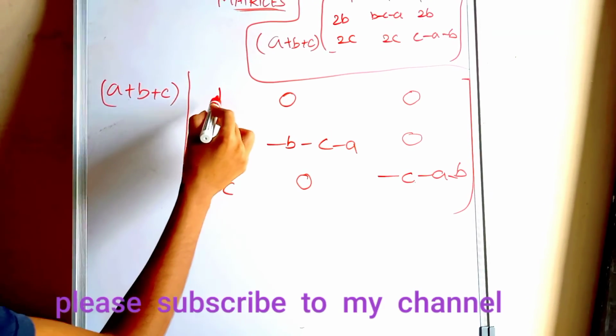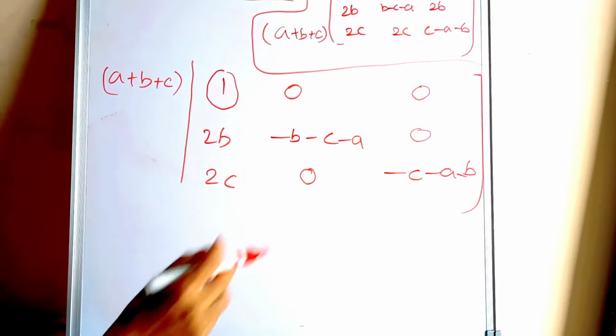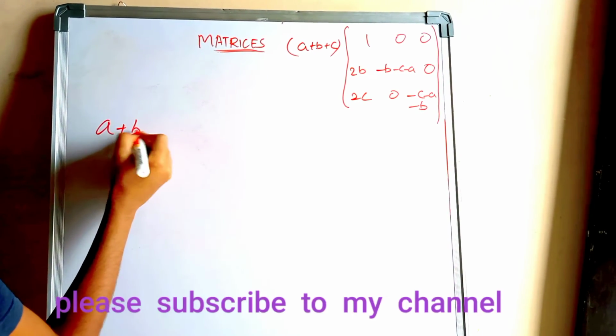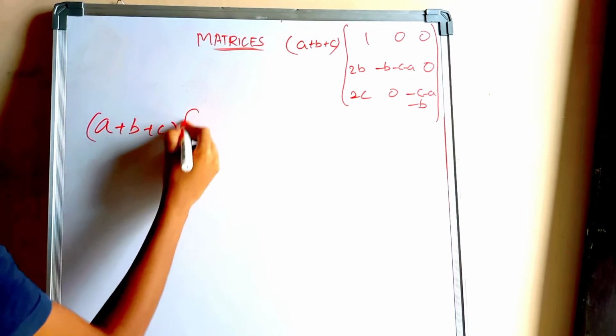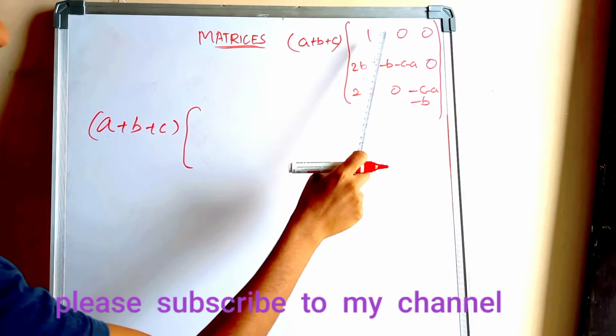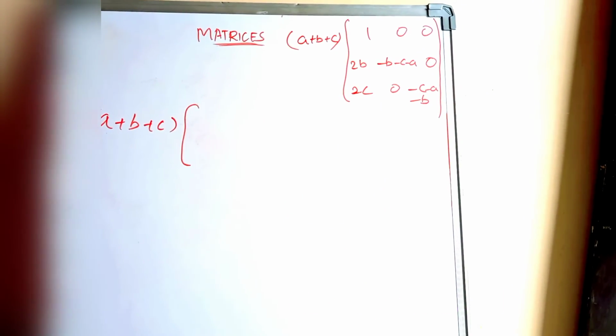Here we have to find the determinant for 1. How are we finding the determinant? Let us see. A plus B plus C is common, same. So det for 1, we have to neglect this column and this row. So what remaining do we get?